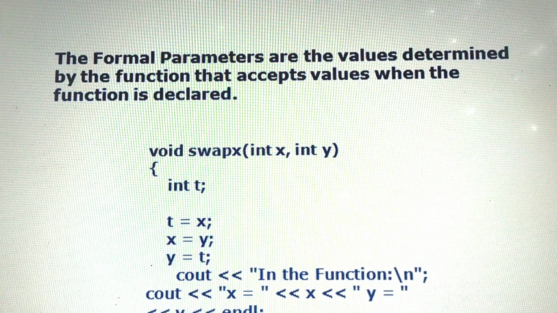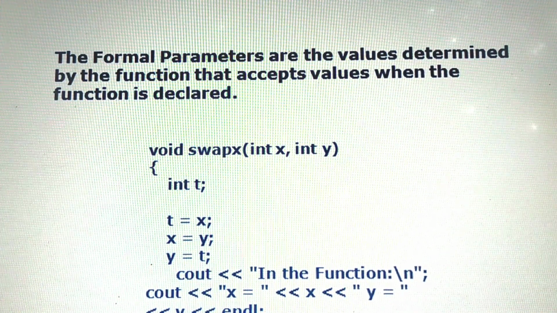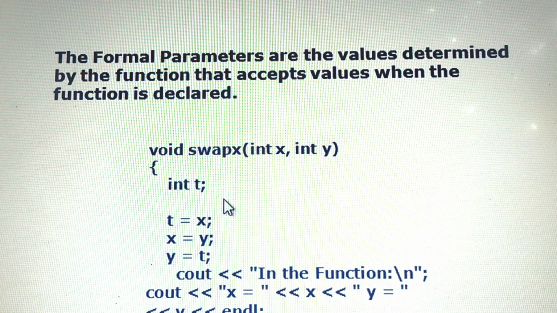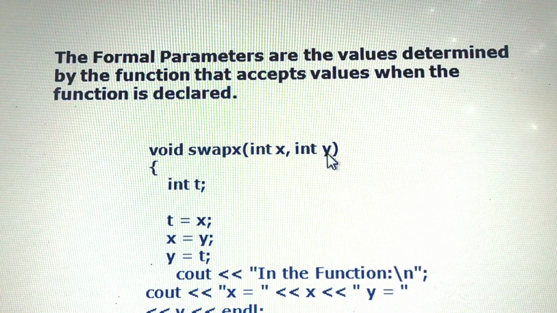The formal parameters are the values determined from the function that accept the value when the function is declared. Here, x and y are the formal parameters. After the execution of the body of the function, the values of x and y may be changed. These are formal parameters.